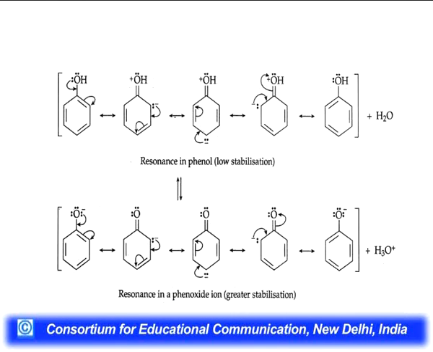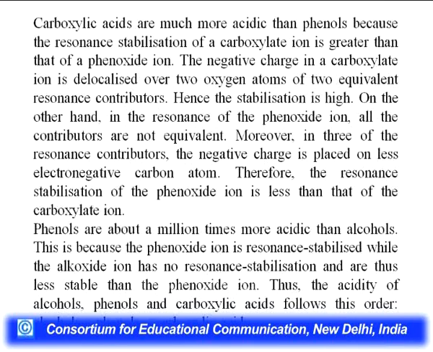You can see in the phenoxide ion, among 5 possible resonating structures, 2 of the resonating structures reside the negative charge on oxygen atom, while the other 3 do not. They will reside the negative charge on carbon atom, 2 on ortho position and 1 on para position.